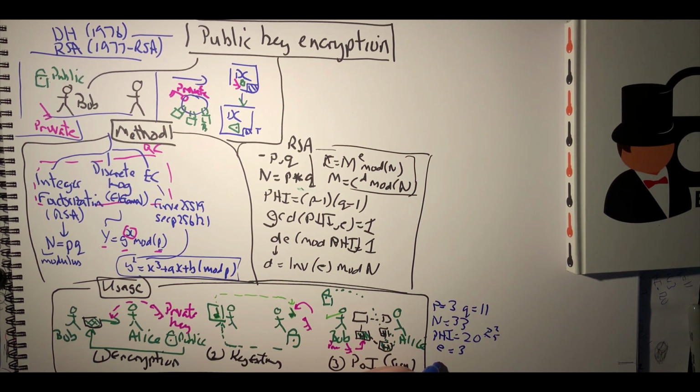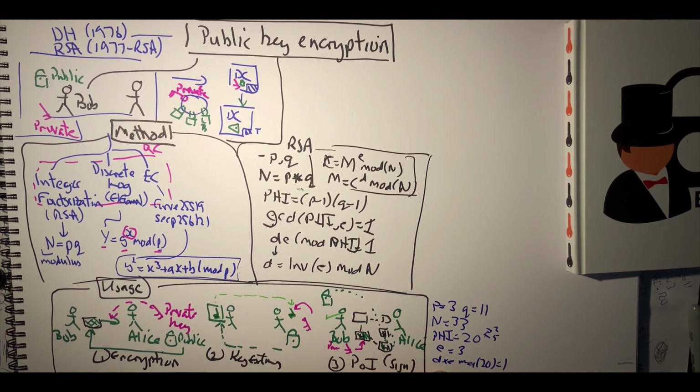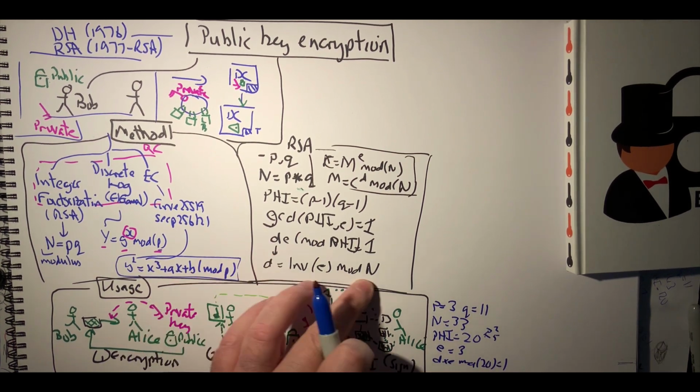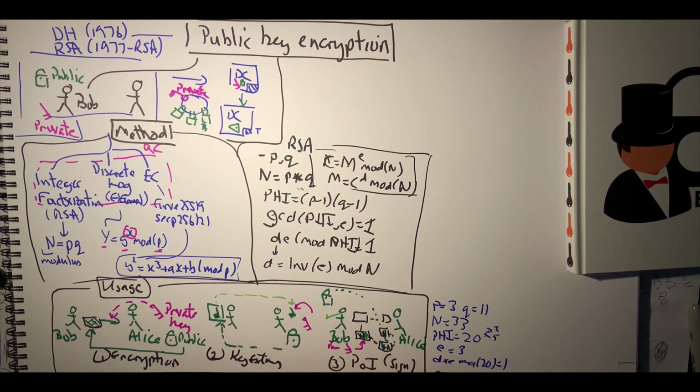Now D times E mod 20 is equal to 1. And rather than doing this function here, it's quite simple to see that if D is 7, 7 times 3 is 21, mod 20 equals 1. So our decryption key is 7, 33.